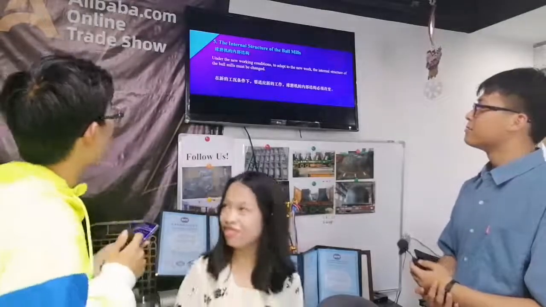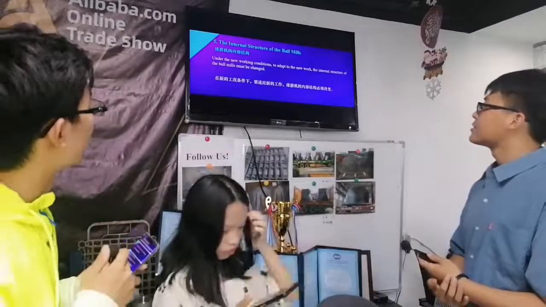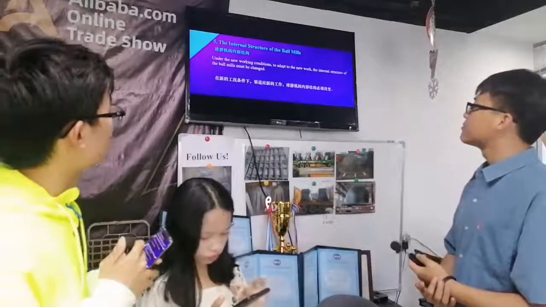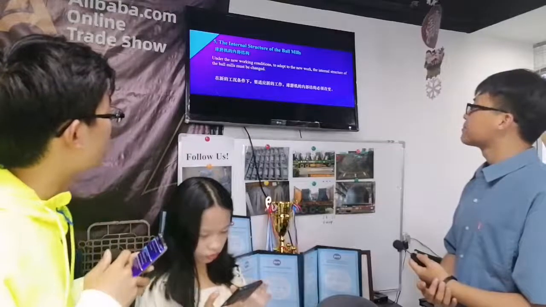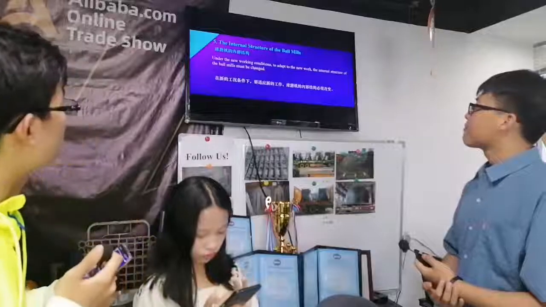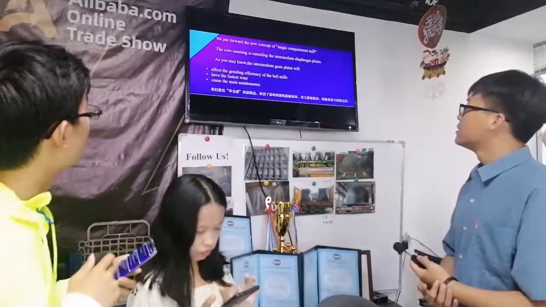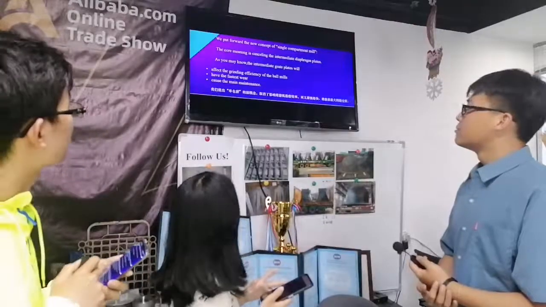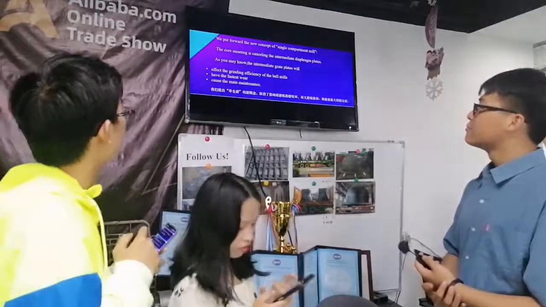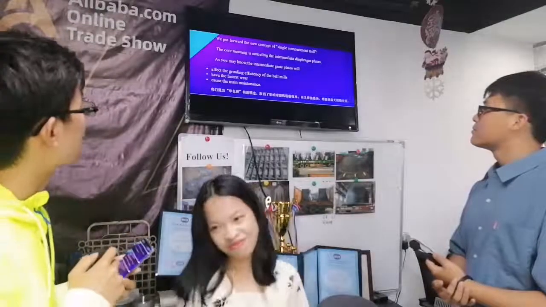Under new working conditions, to adapt to the new job, the internal structure of the ball mills must be changed. We put forward the new concept of single compartment mill.